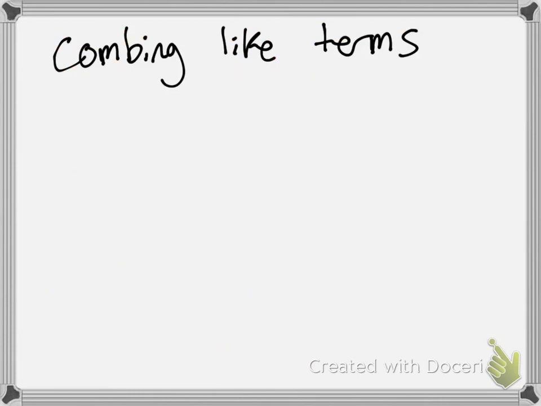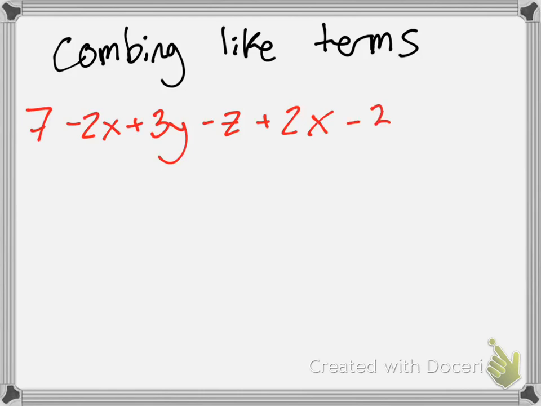So combining like terms, these ones are expressions because we don't necessarily have the answers for it yet. So I'm going to do this. 7 minus 2x plus 3y minus z plus 2x minus 3y plus z minus 7.